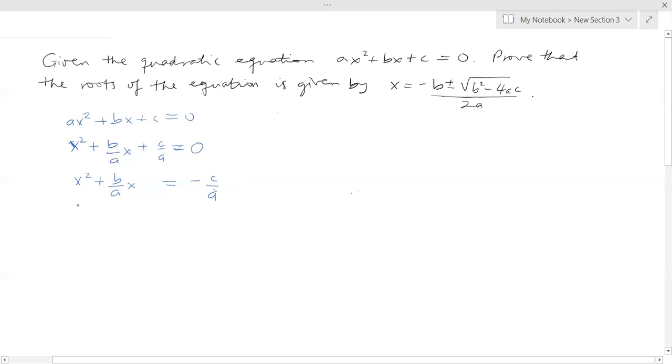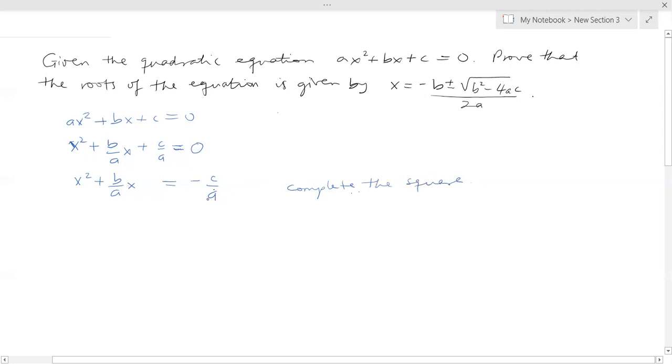Now I'm going to complete the square for the left side of the equation. Now, how do you complete the square?